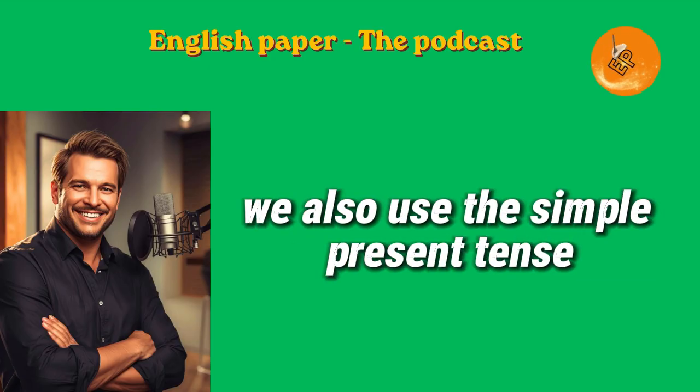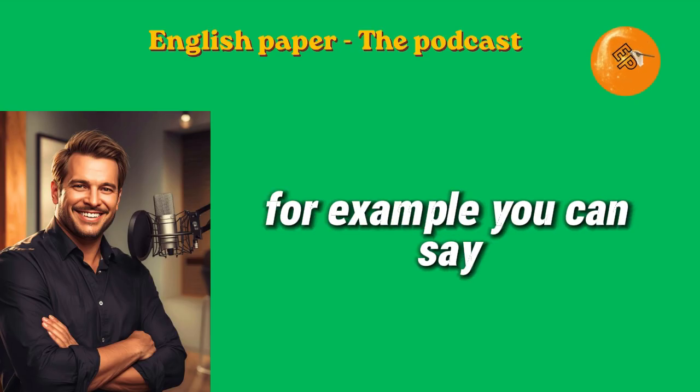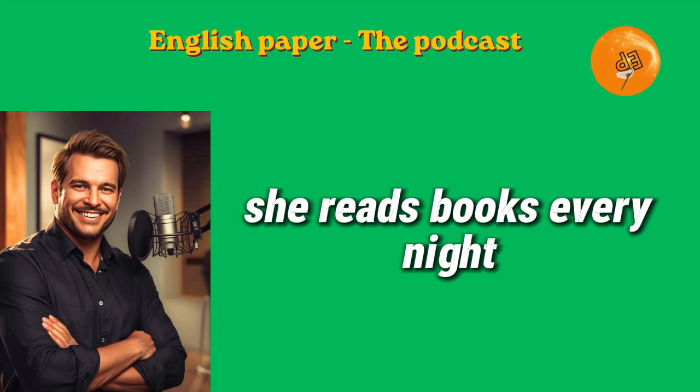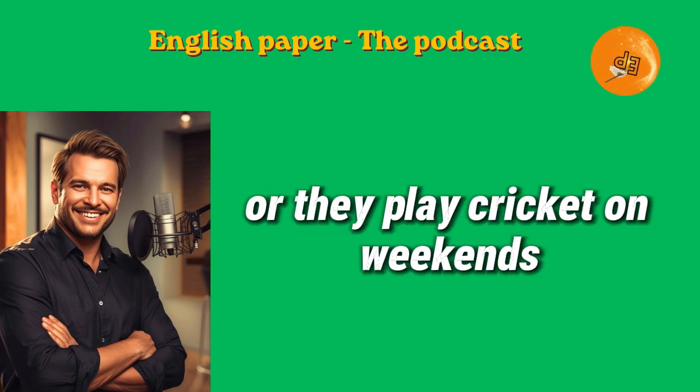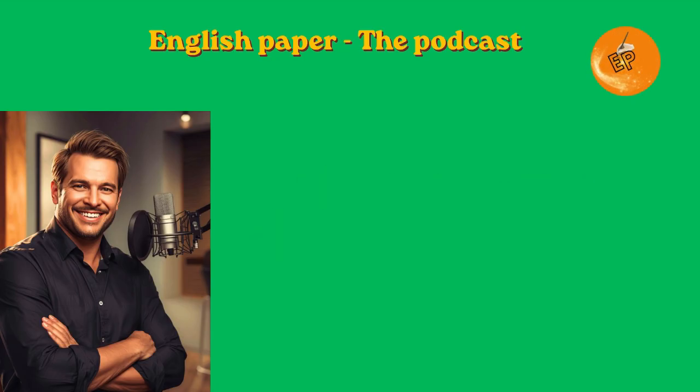We also use the simple present tense when we talk about habits. For example, you can say, I drink coffee every morning, she reads books every night, or they play cricket on weekends. These sentences describe actions that happen regularly.